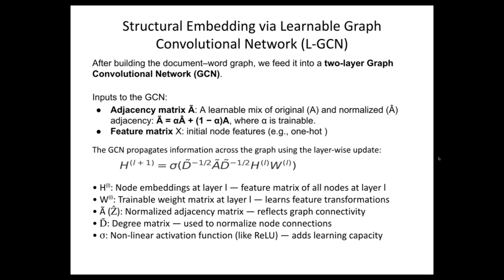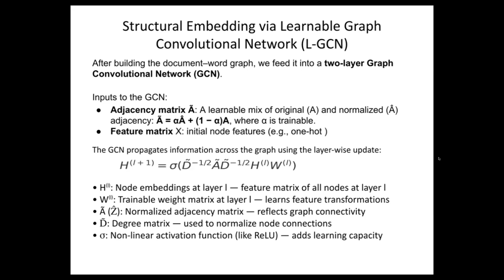The main update rule is the equation shown on the slide. At each layer, the hidden state H of each node is updated by aggregating information from its neighbors. The degree matrix is used to control the influence from high-degree nodes, which are these neighbors. That transformation is passed through a trainable weight matrix W, which is learned during backpropagation, and a non-linear activation function, ReLU.